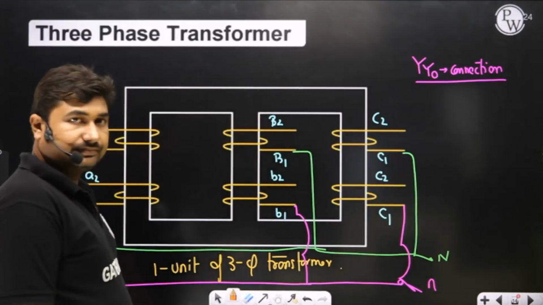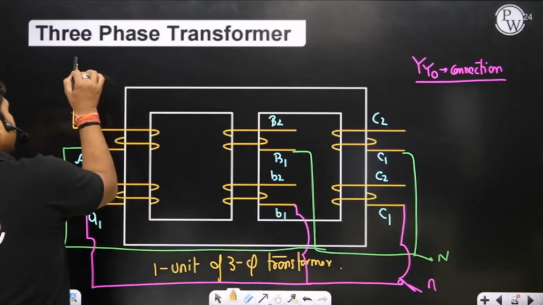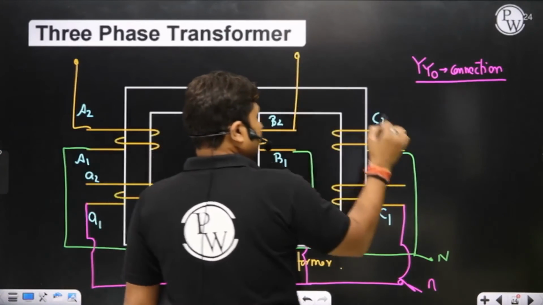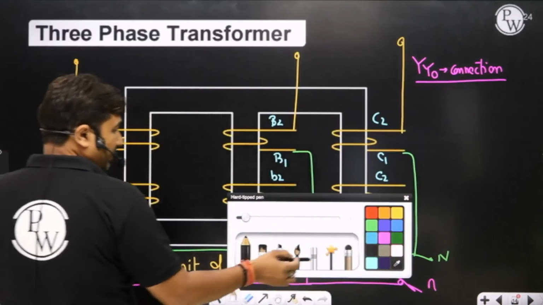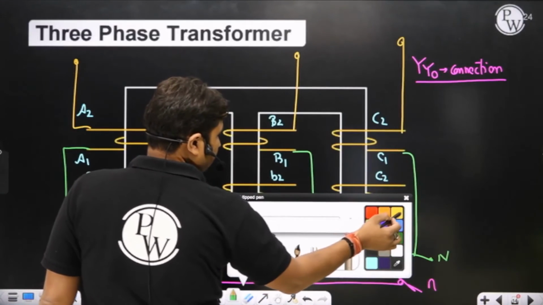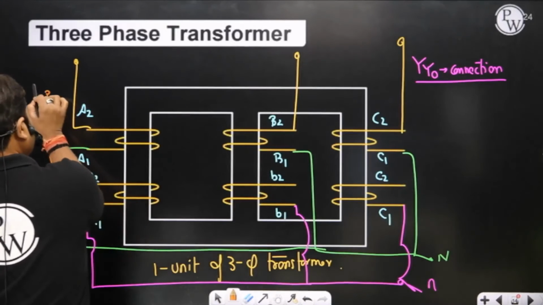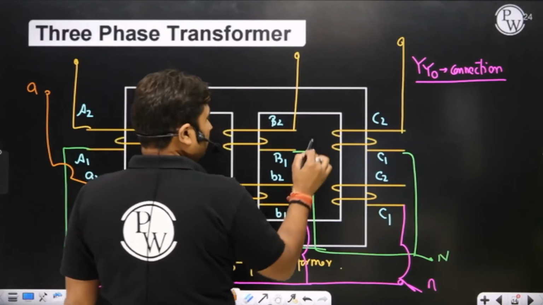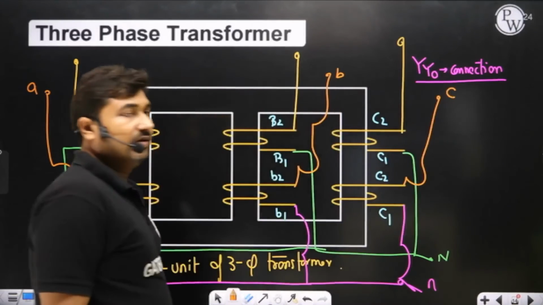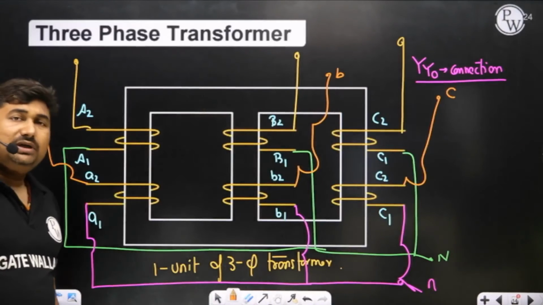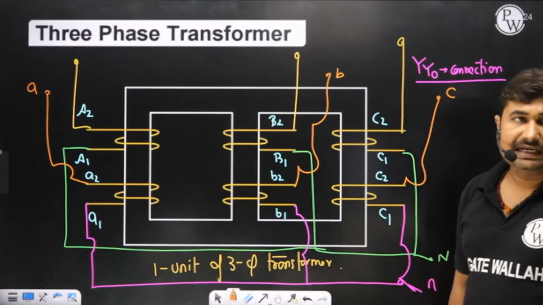Okay, sir. Now we have output terminals A2, B2 and C2 available for the HV side, and small a2, small b2 and small c2 are the output terminals of LV side.